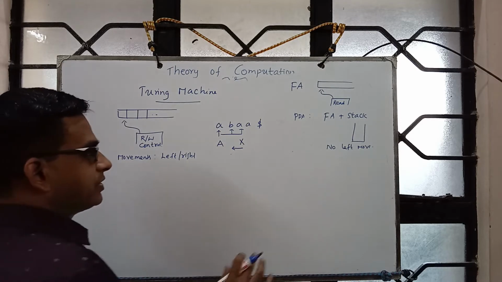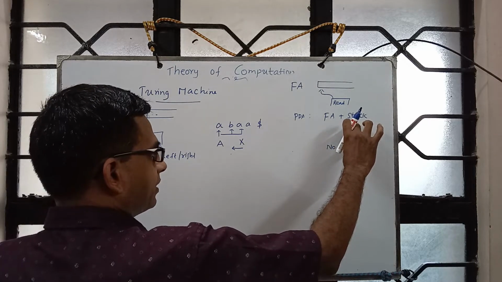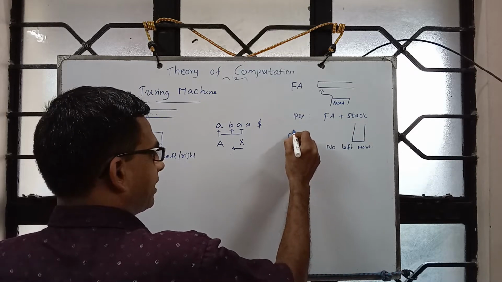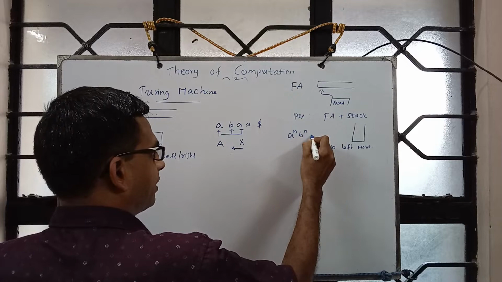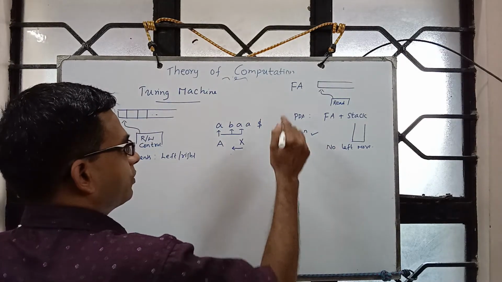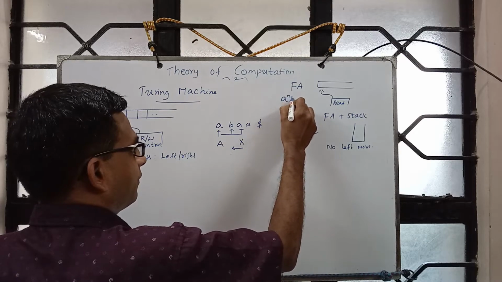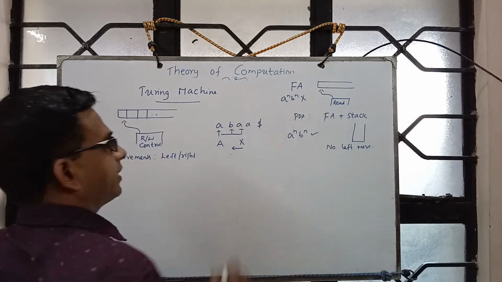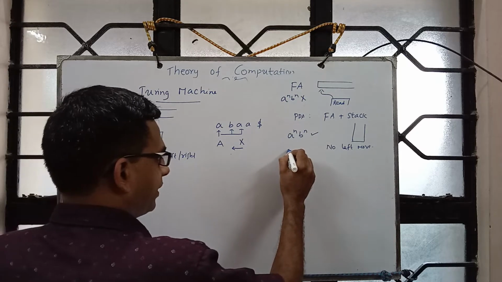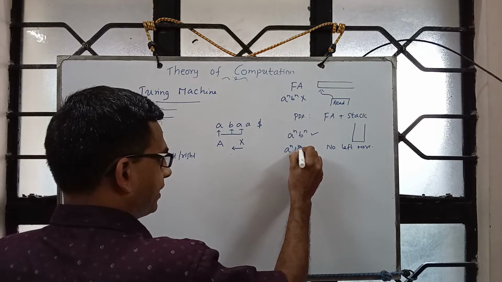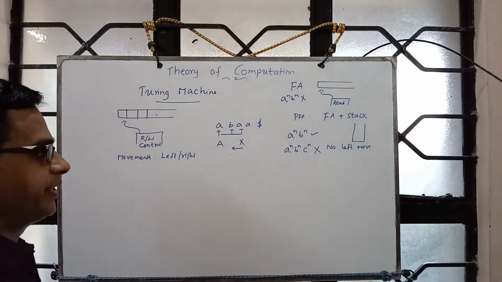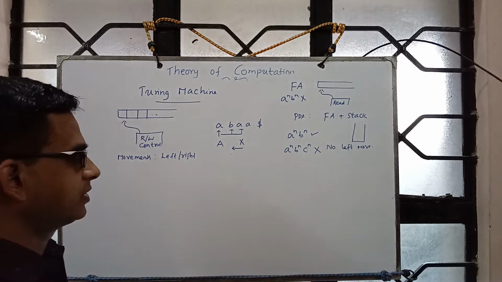Now the question is this: by adding this additional power like stack, we were able to see that a power n, b power n was recognized by push down automaton, which was not recognized by finite automaton. Now a language like a power n, b power n, c power n, there is no CFG, no PDA can recognize.